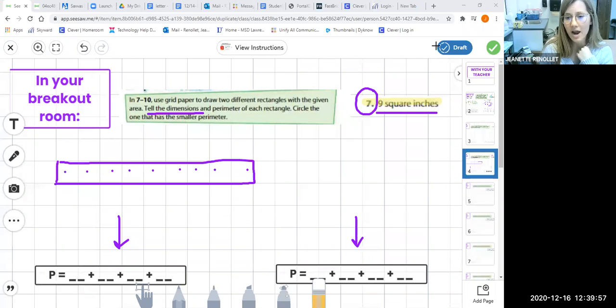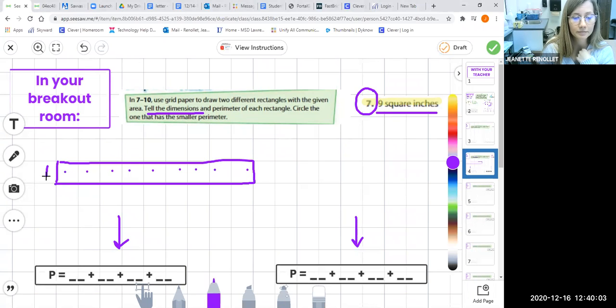If we are asked to have 9 square inches, we could have a width of 1 and a length of 9. We could have 1 row with 9 squares in it. To find the perimeter of this one, we would add the length plus the length plus the width plus the width.